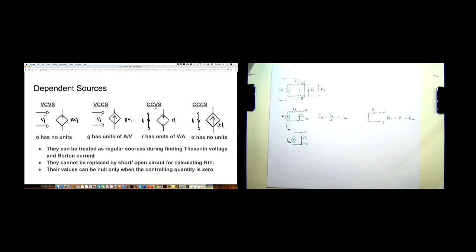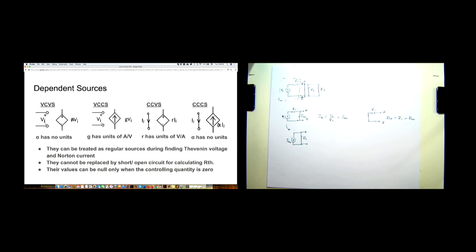Then current-controlled voltage sources. You have a current controlling the voltage between two other nodes. So Ij and R times Ij. R here has units of resistance, ohms. Then finally you have current-controlled current sources, where you have a current flowing in one branch, and that controls, with some constant A, the current flowing in another branch.